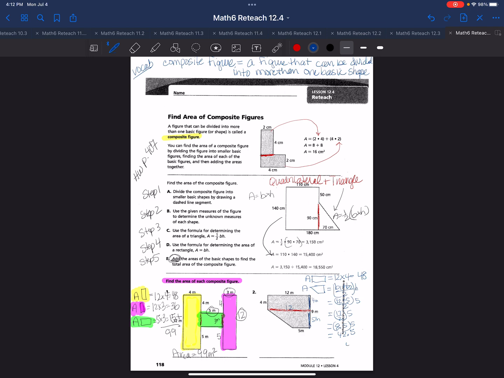Then we need to go ahead and add. It's a composite shape, so I need to add 42.5 and 48. And I get 90 and 5/10. So I know the area is 90 and 5/10 meters squared. This is our lesson for Module 12, Lesson 4, Grade 6.